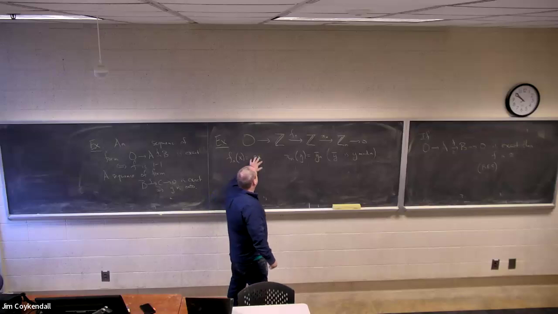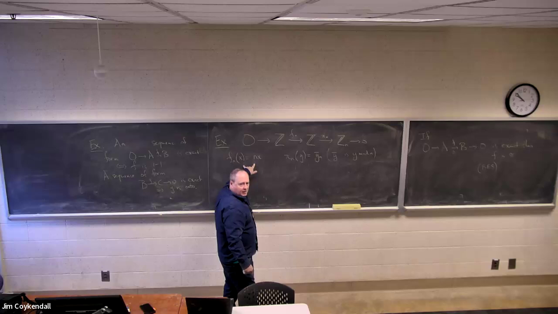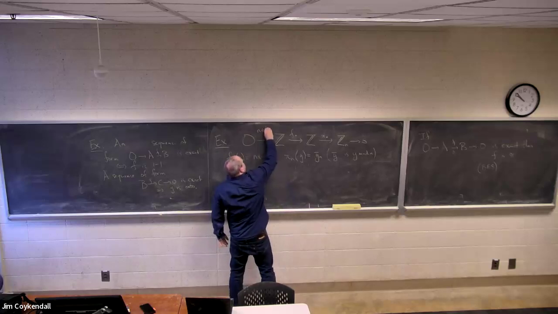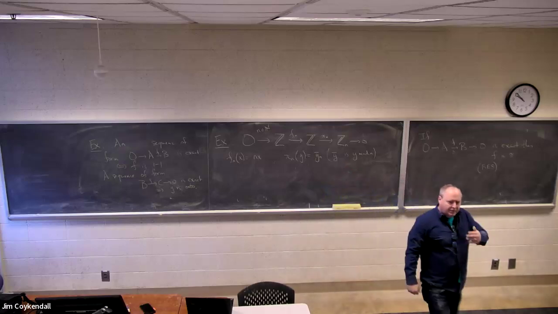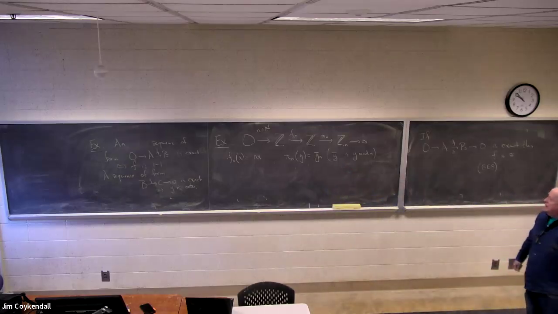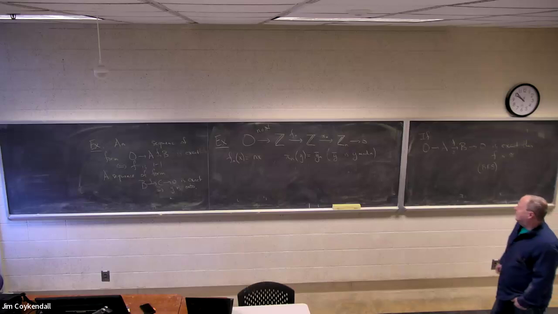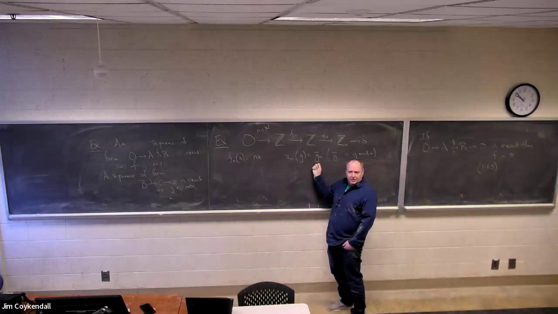Would everybody agree that the first map is 1-to-1? Because if nx equals 0, then x equals 0, so it's not the zero map. Now, I think we would have to agree that F_n is 1-to-1. It's also true that pi_n is onto, isn't it?